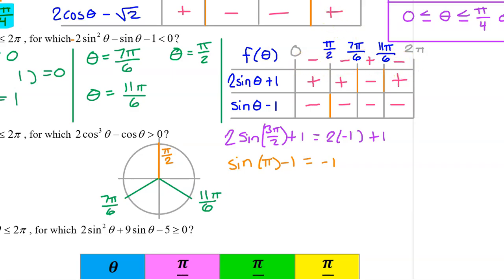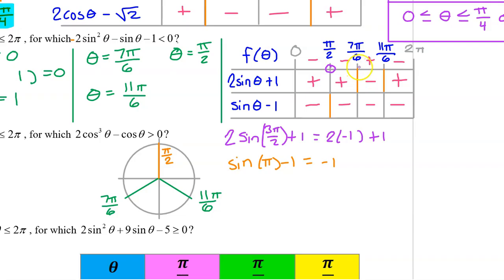But before I mark that, I'm going to pay careful attention to the endpoints. So on this problem, we are looking for where f of theta is less than 0, not equal to 0. So all these points where f of theta is equal to 0, I'm going to put an open circle because these are not to be included.